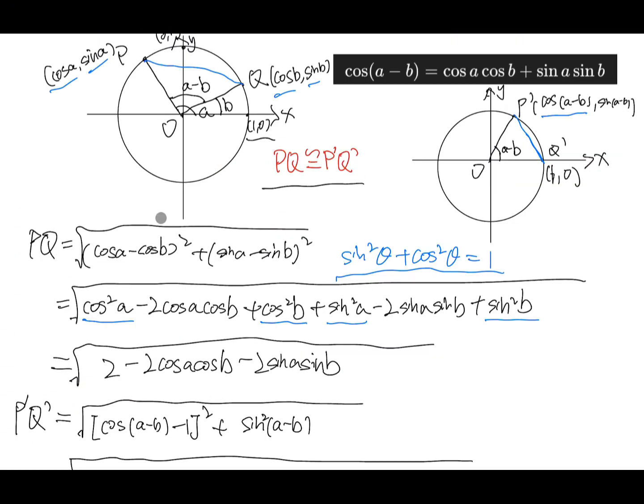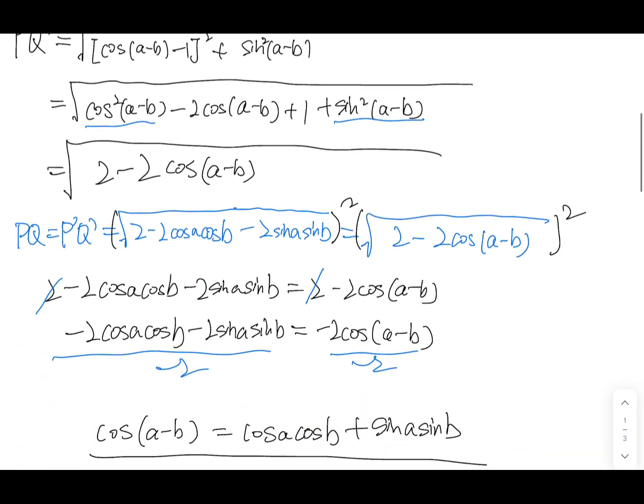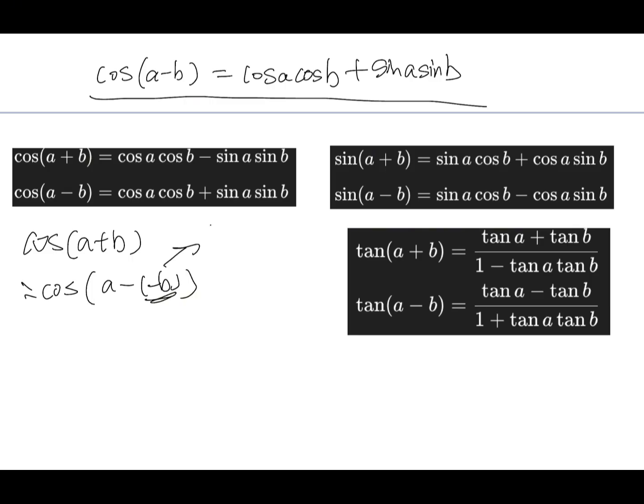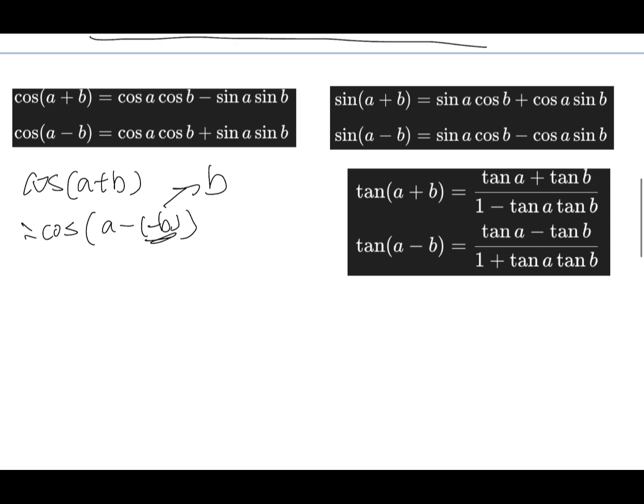So we already found that cosine A minus B equals cosine A times cosine B plus sine A times sine B. But actually, there are in total 6 of these functions. How do we solve the others? So for cosine A plus B, it's just equivalent to cosine A minus negative B. You plug in negative B as B. And for sine, you can use the cofunction identity.